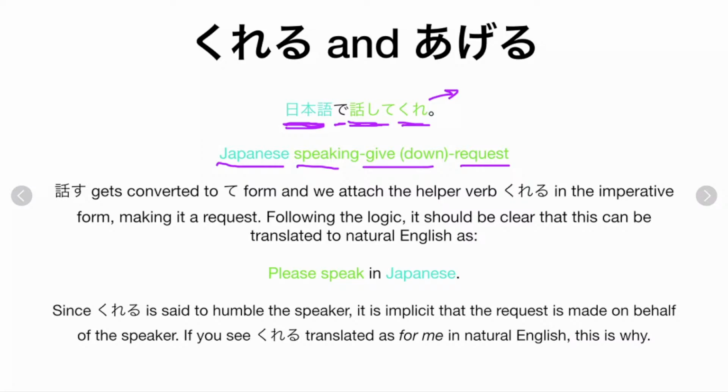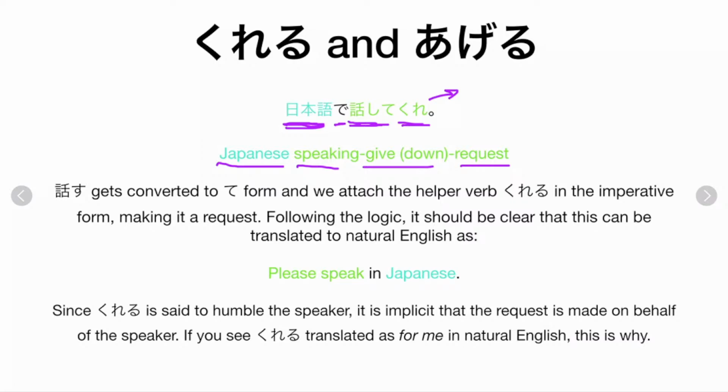So hanasu becomes hanashite in te form. We talked about how su becomes shita or shite in the ta and the te form. So hanashite kure. It's kureru in imperative form, which we will talk about, and that's kure. And so Nihongo de hanashite kure is please speak in Japanese for me.